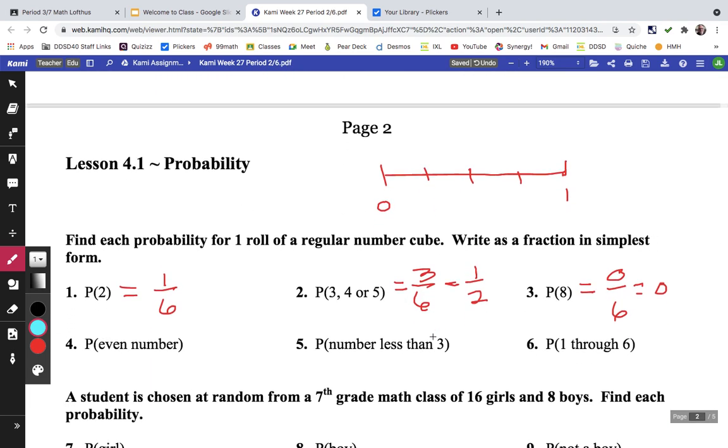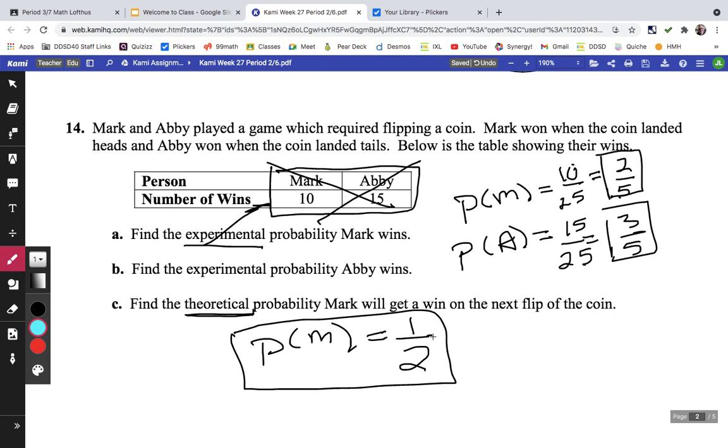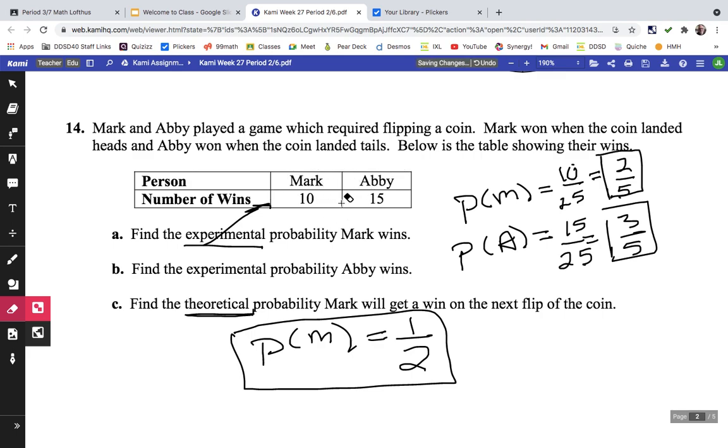And then we went down a little ways, and we did problem number 14. Mark and Abby played a game requiring flipping a coin. Mark won when the coin landed heads, and Abby won when the coin landed tails. So let me erase this a little bit. Mark won 10 times, Abby won 15 times.